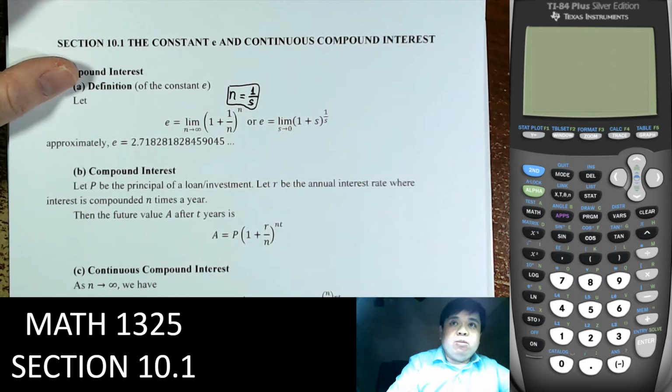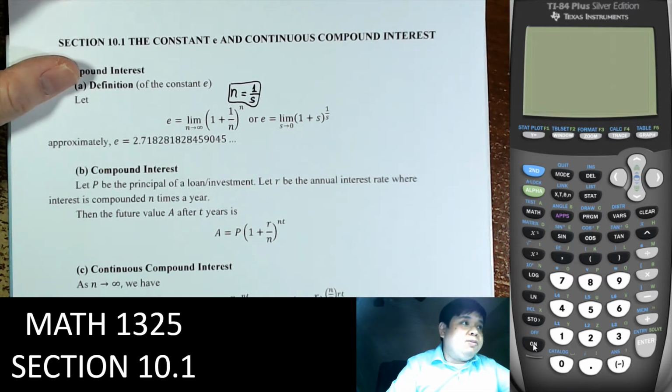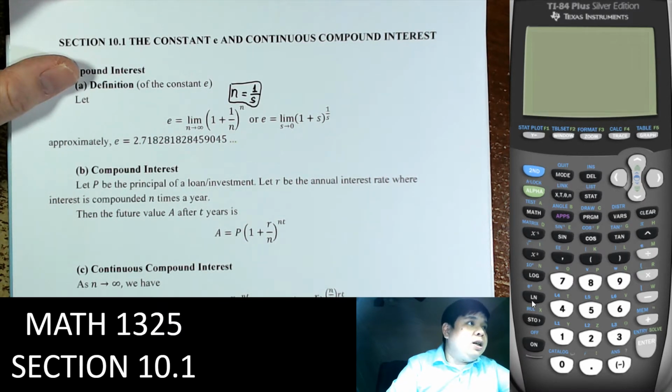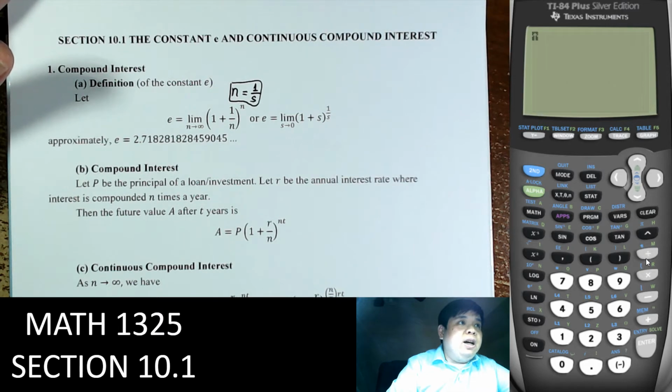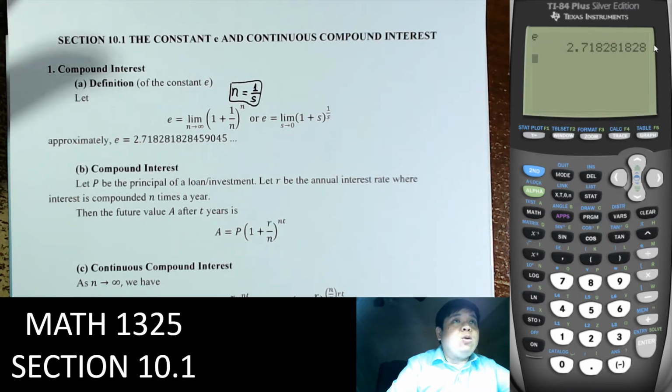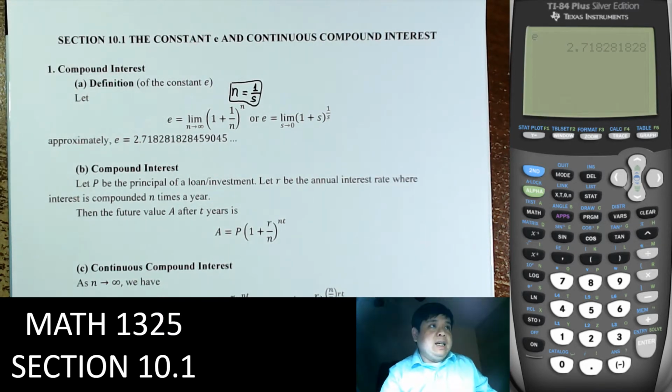On the calculator, either we hit e to the first power, or we hit second and the division key, that is also e.